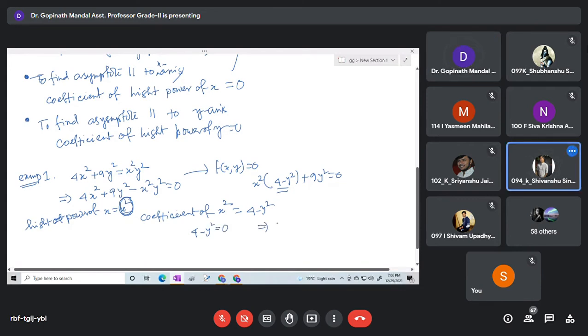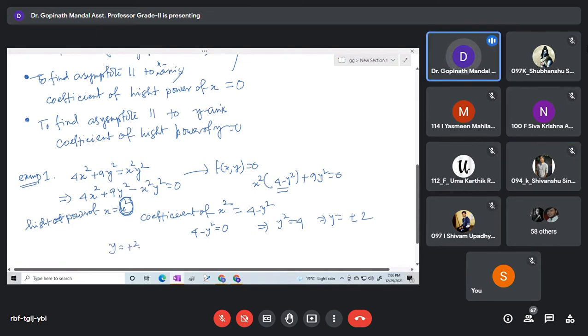This implies y² = 4 and y = ±2. So y = 2 and y = −2. We get two asymptotes parallel to the x-axis.